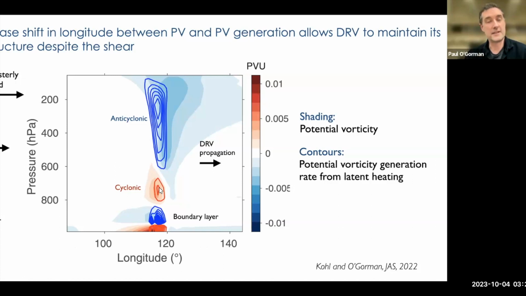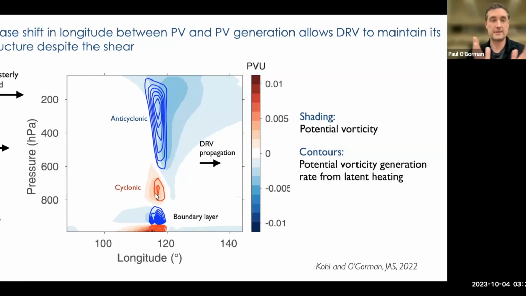And this is the classic picture of counter-propagating Rossby waves, now in a moist context. We have westerly wind here, which all else being equal would just shear apart the whole structure. But this is a normal mode that's keeping its structure. What's happening is the generation is a little bit to the west, so that tends to combat the westerly wind to some extent. Similarly here, the generation is a bit to the east.